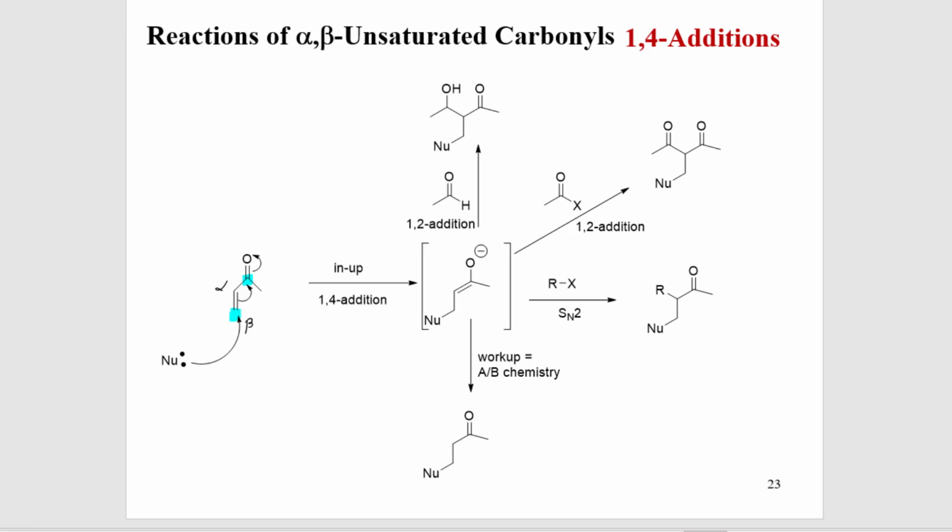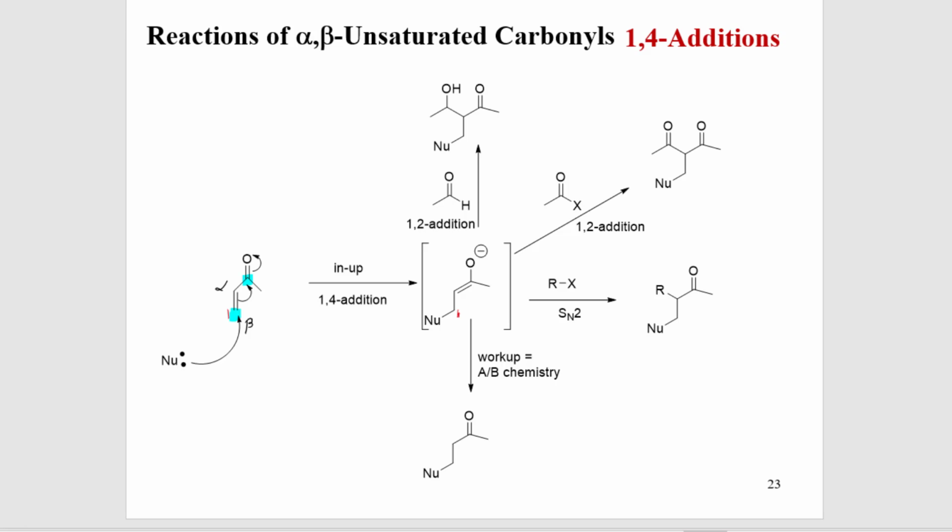Right now, what I want to say is if we have a nucleophile that does attack at the beta position and not the carbonyl, what are we faced with mechanistically? Okay, so the nucleophile attacks the beta position. Notice the flow of electrons all the way up. We've added the nucleophile. We'll call this carbon 1.